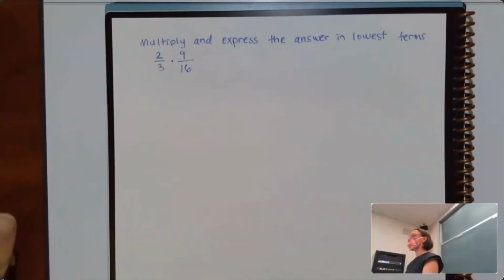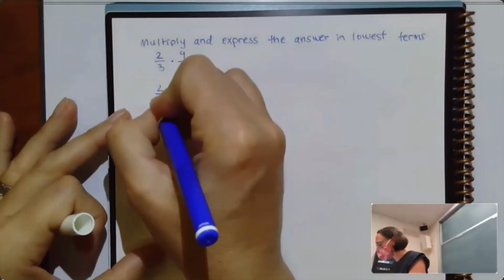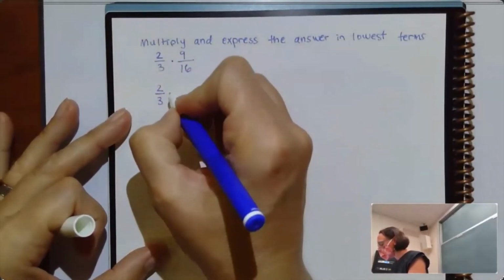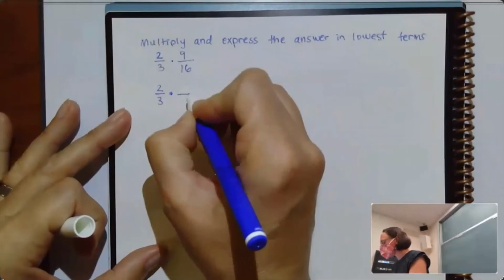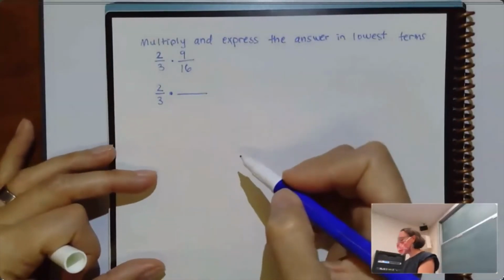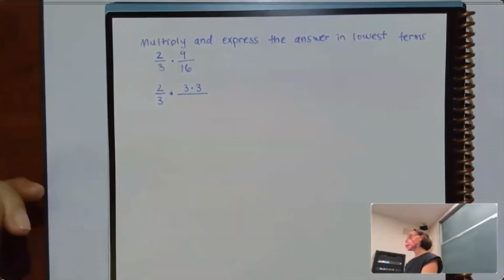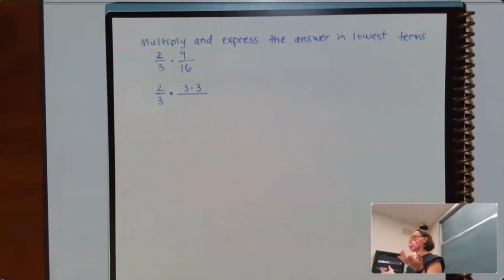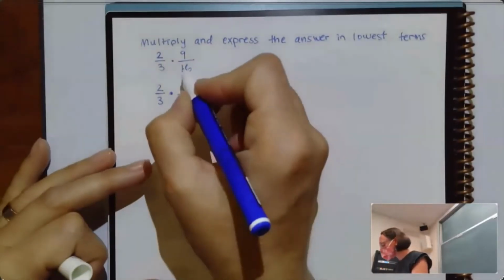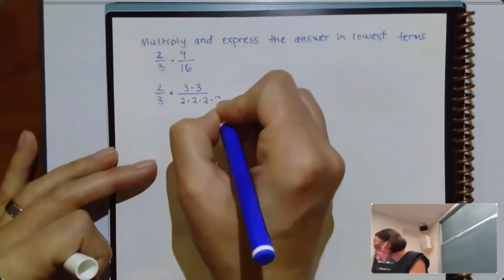Again, I wouldn't actually do this to get through the problem. I'm just showing you what's going on. With this fraction, 9 is the multiplication of 3 times 3. Both of those are prime numbers because we can't break them down any smaller as a multiplication problem. 16 is 2 times 2 times 2 times 2.